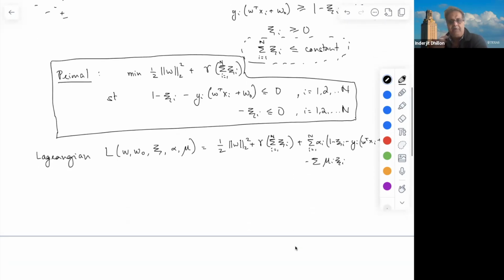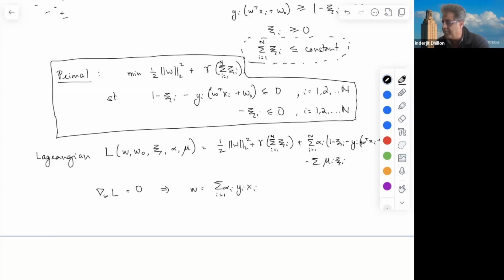And now we start the machinery. We take this Lagrangian and look at the gradient with respect to w. If I set that equal to 0, this is the same thing as before, because really nothing much has changed in terms of those terms. So w will still be the summation of alpha i, y i, x i.